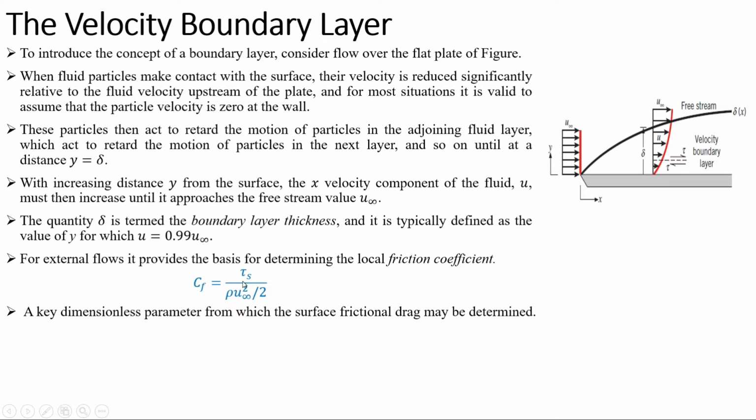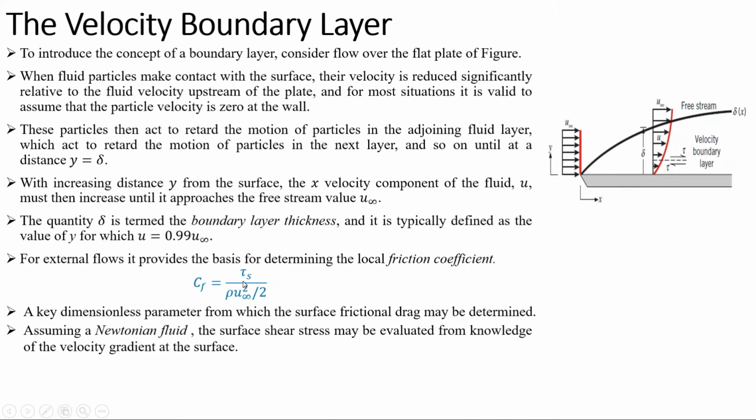And here tau s is the shear stress, and it can be evaluated from the knowledge of velocity profile. Here ∂u/∂y is the change of velocity with respect to y, and mu is the viscosity of the fluid.